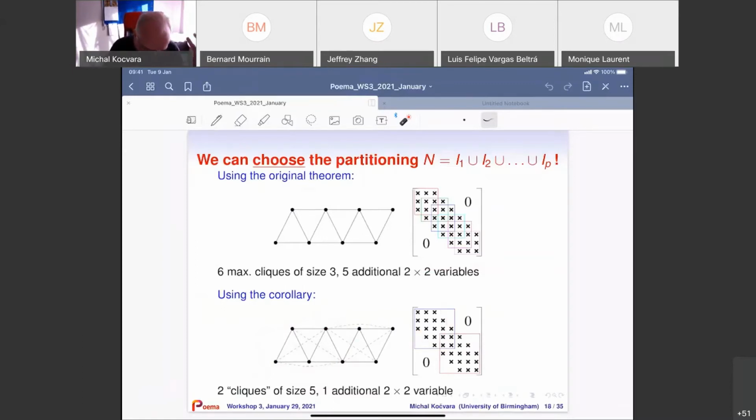And in this case, instead of a decomposition into 6 maximal cliques, so instead of 5 additional 2 by 2 matrix variables, we only get 1 additional variable, a 2 by 2 matrix, which will be this one. Okay, so we can sort of extend the maximal cliques.